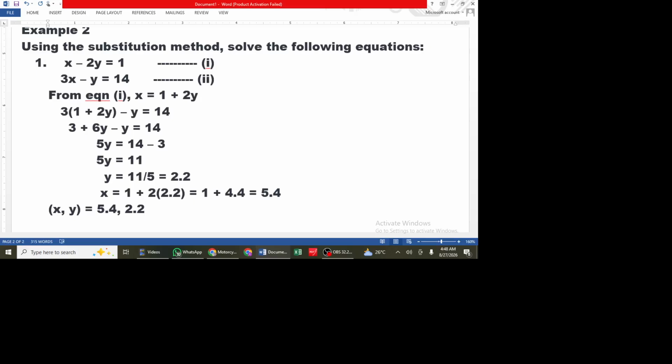And that is what we call simultaneous equation using substitution method.